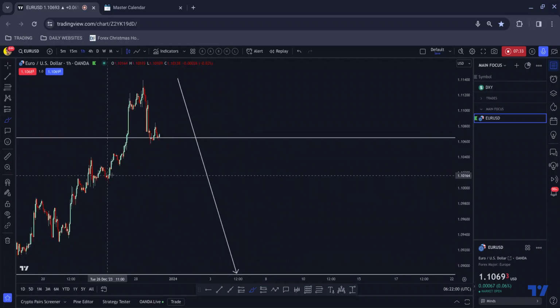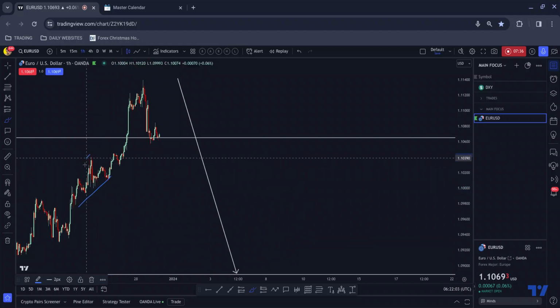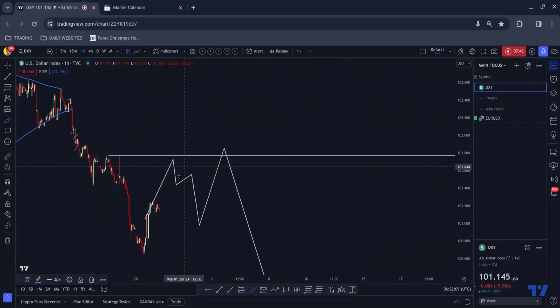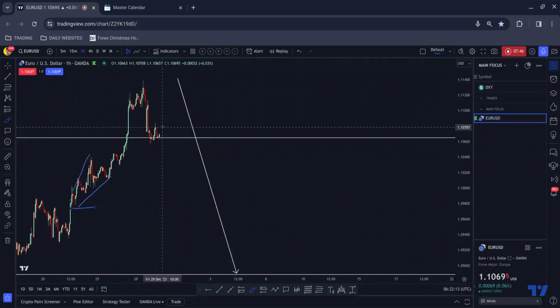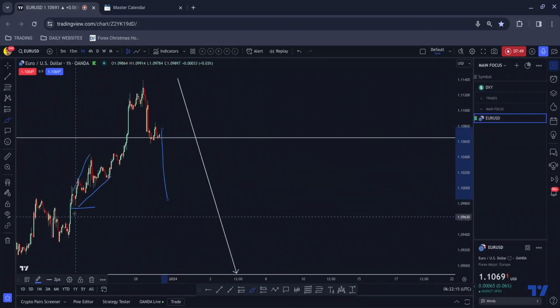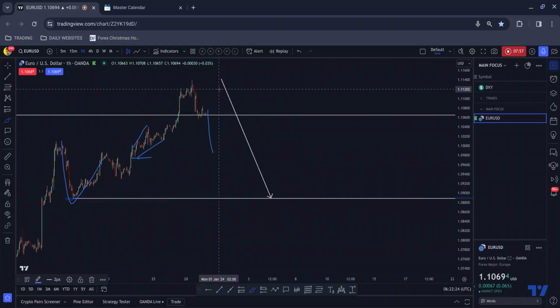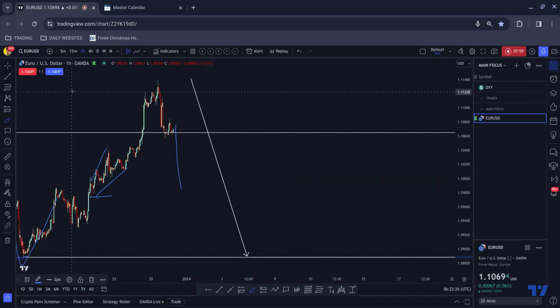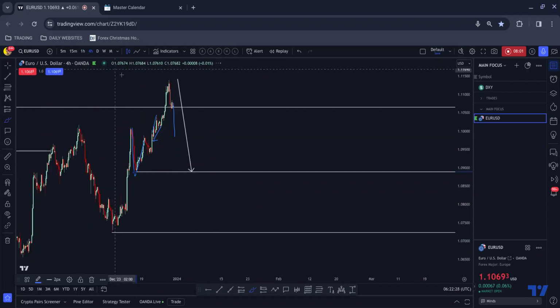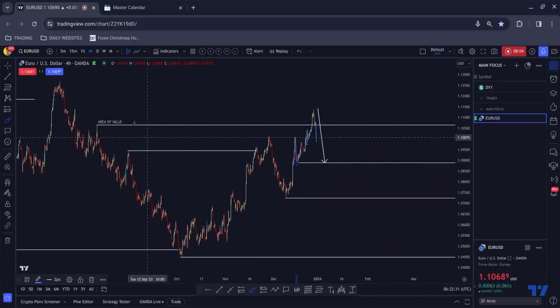If we just separate this off, even if we only got to there, that would be the same sort of range as what we're seeing with the DXY on the flip side. So we may be able to capitalize on the short-term move down to these areas and potentially down to this sharp move, because there was a sharp move down here followed by a sharp move up, suggesting that there may be a lot of liquidity here that we may find our way down to before potentially that longer-term move to the upside kicks in.